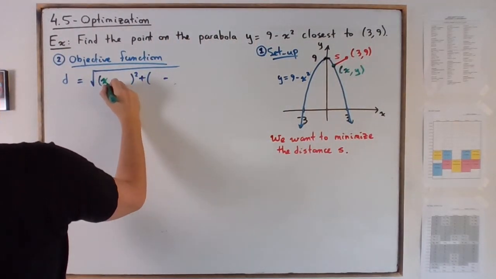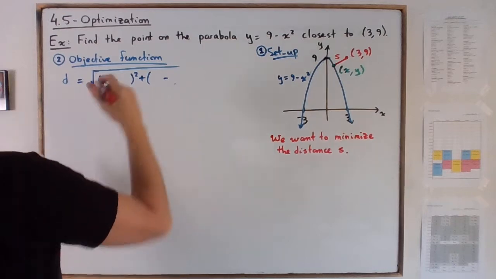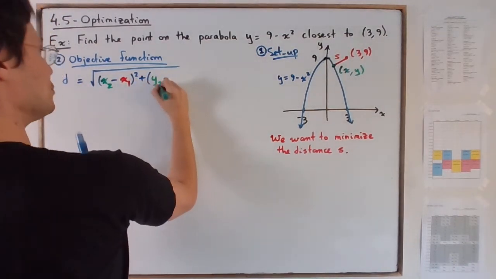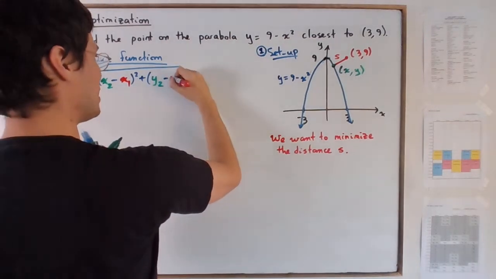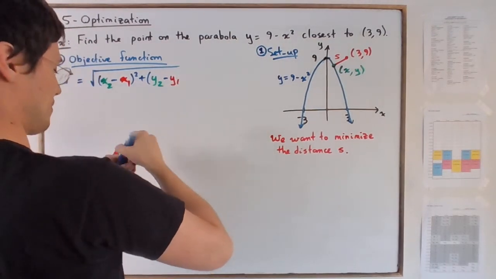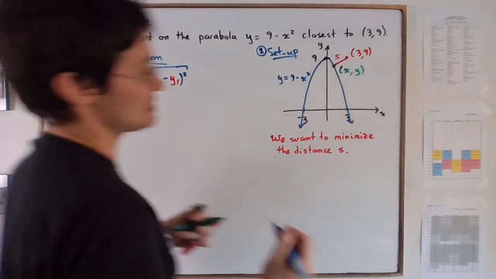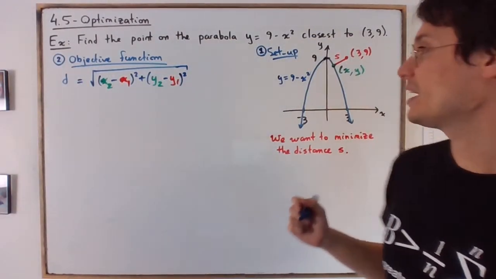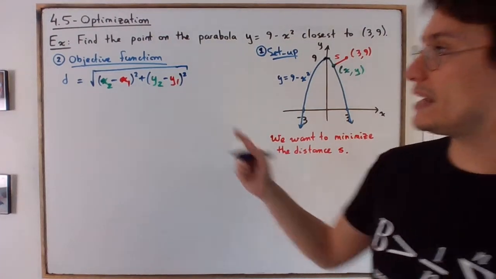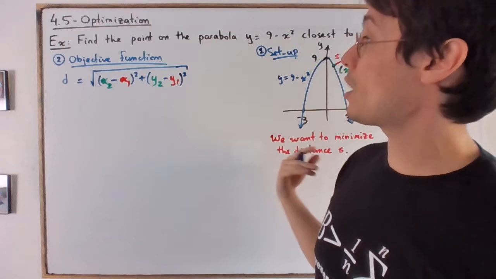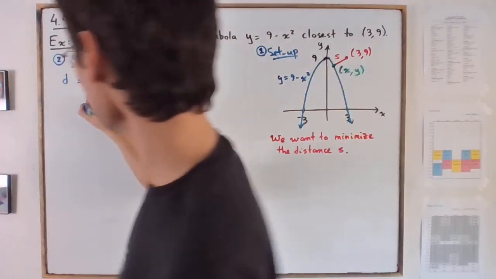So d is the square root of (x2 minus x1) squared plus (y2 minus y1) squared. This is the formula for the distance. Let's also replace x2, x1, y2, y1 by what they are.